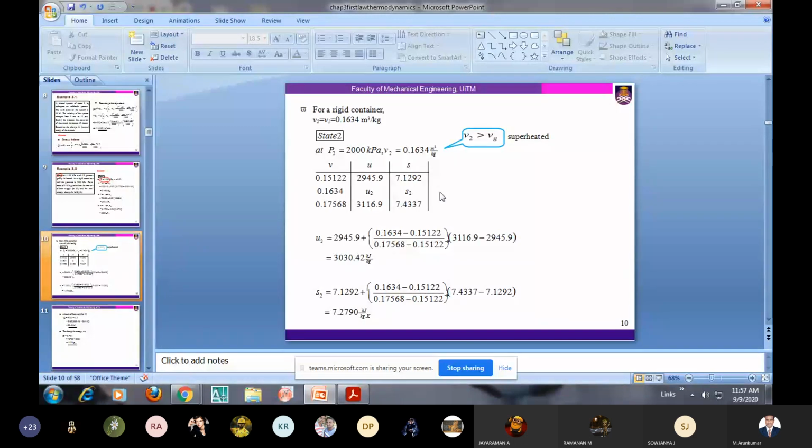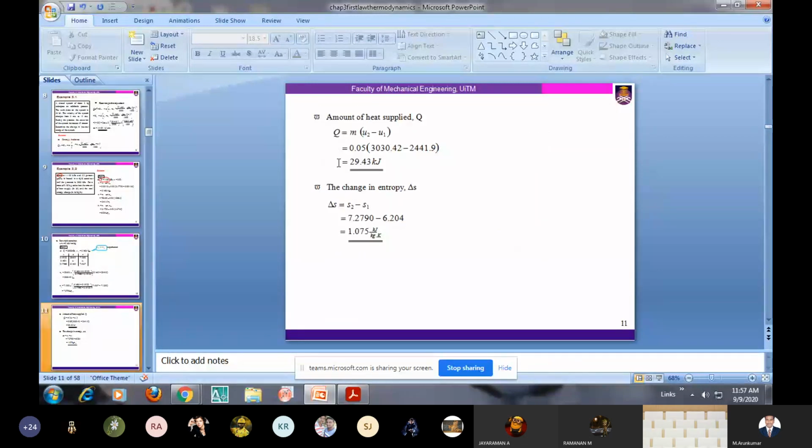We don't want the shape here, so we can neglect that. The question is the amount of heat supplied Q, from the energy equation. Q is equal to M into change in internal energy plus change in kinetic energy plus change in potential energy.